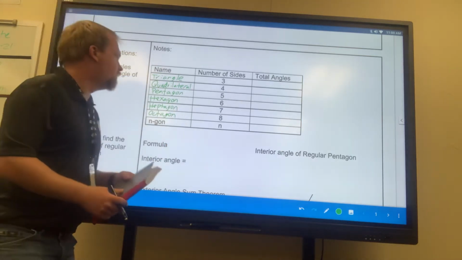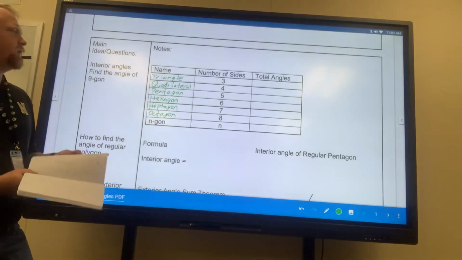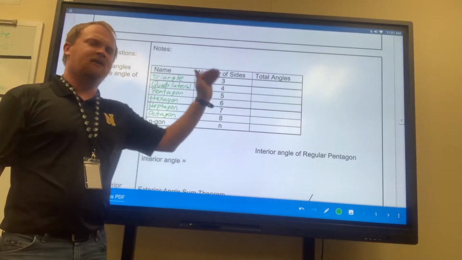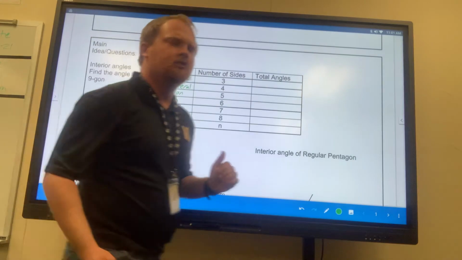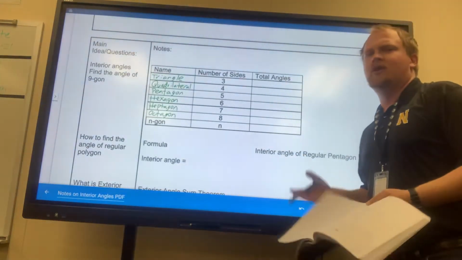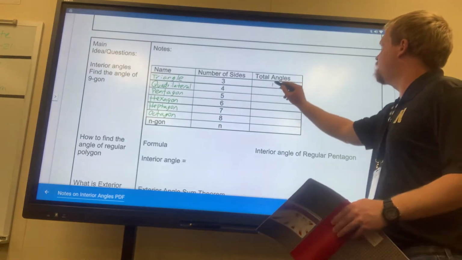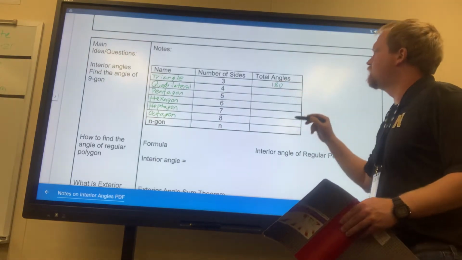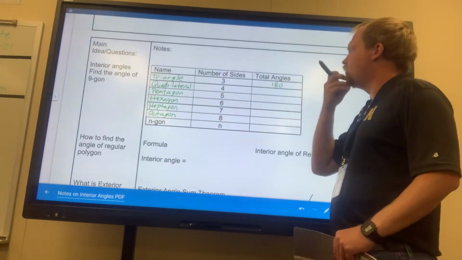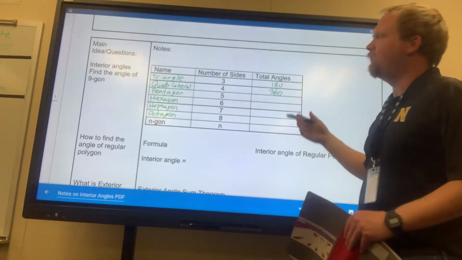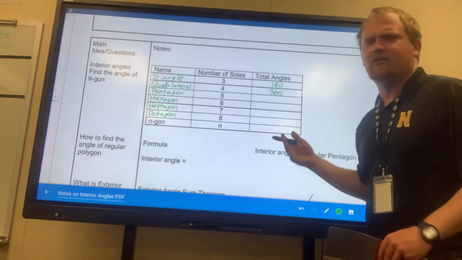Now, they all have a specific pattern as far as interior angles. So for example, we know that the total angle of a triangle is 180. A quadrilateral is 360, but we don't necessarily know the rest.